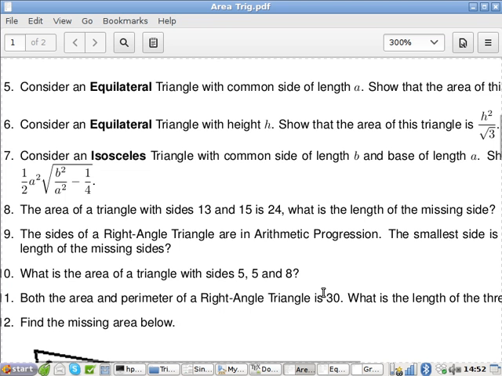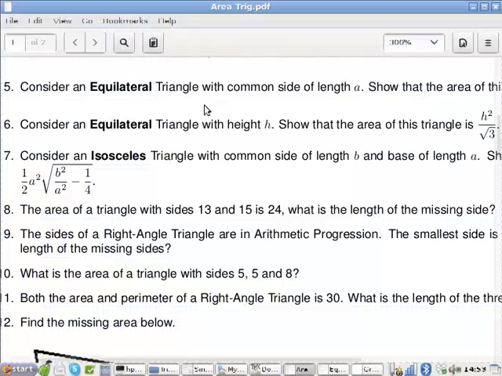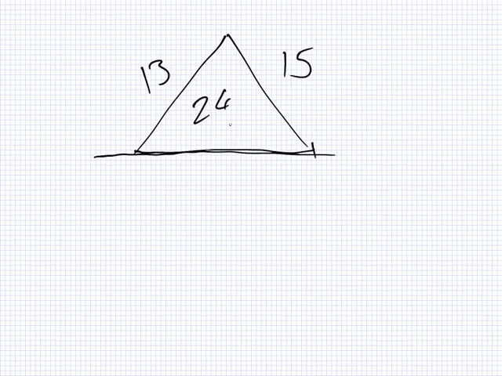The area of a triangle with sides 13 and 15 is 24. What's the length of the missing side? I don't think that's too bad. So we have 13 and 15, and I tell you that the area is 24. So I want to know what's this side here.